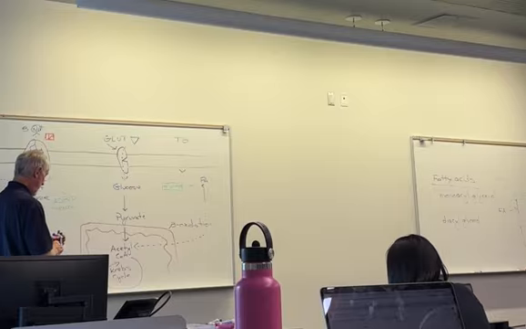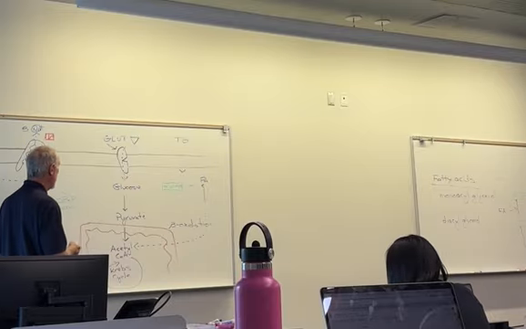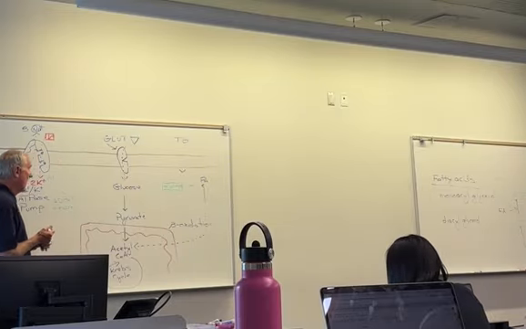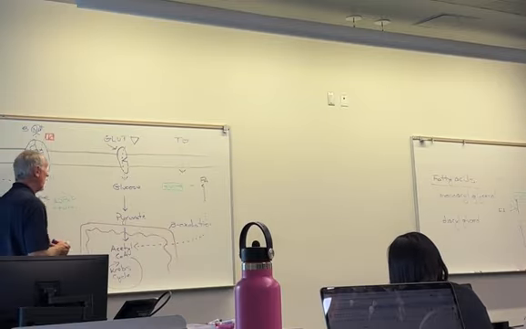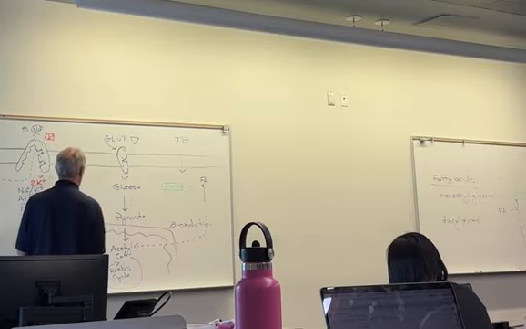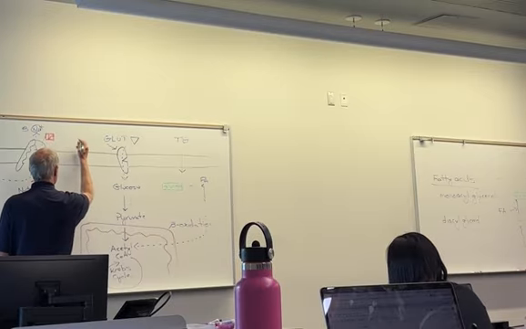triglycerides, and then also proteins are digested, and then they're broken down into the building blocks, and we talk about amino acids. And so amino acids are also used as a substrate to make ATP.